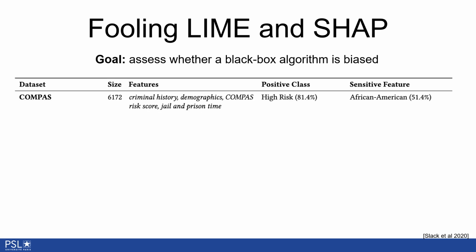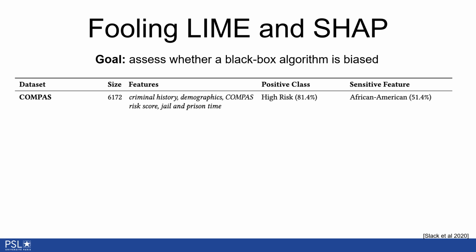The study by Slack and colleagues applied this approach to several real-world datasets. Each of these datasets contained a sensitive feature, and typically the goal of explanation methods such as LIME and SHAP would be to assess whether a black box algorithm is biased with respect to that feature.